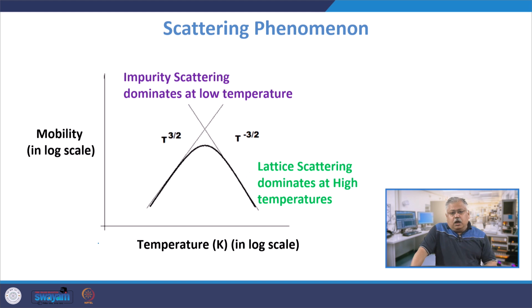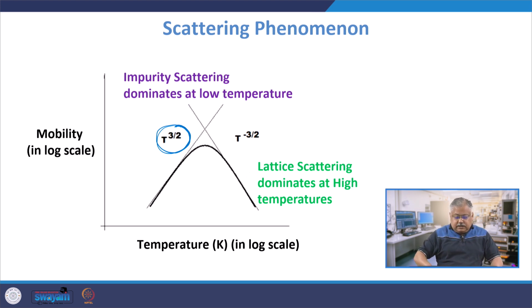And it is seen that at relatively lower temperatures, as the temperature starts to increase, the mobility starts to increase. Therefore, there is a T^(3/2) dependence, which means that with increasing temperature, the mobility starts to increase.